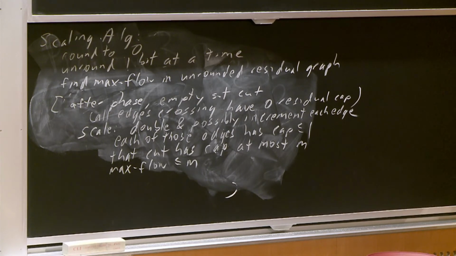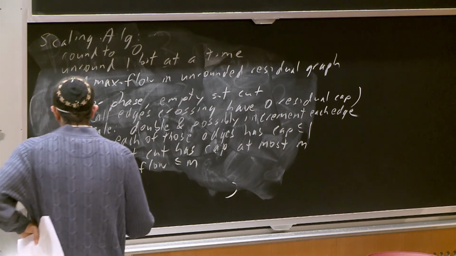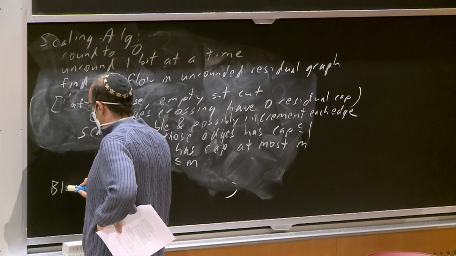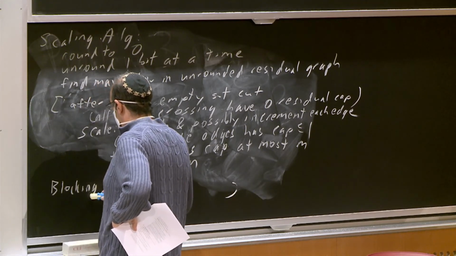So if the max flow value is at most m, how fast does the blocking flow algorithm run?